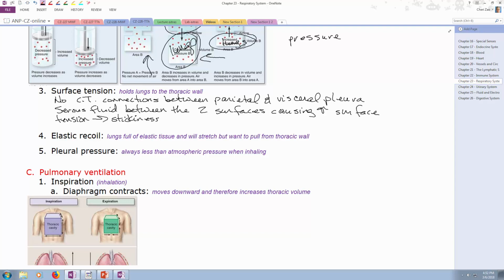You've stretched me, so now, if you're not continuously actively stretching me, I want to go back to a smaller size. So this elastic recoil is trying to pull lung tissue away from the inner wall.